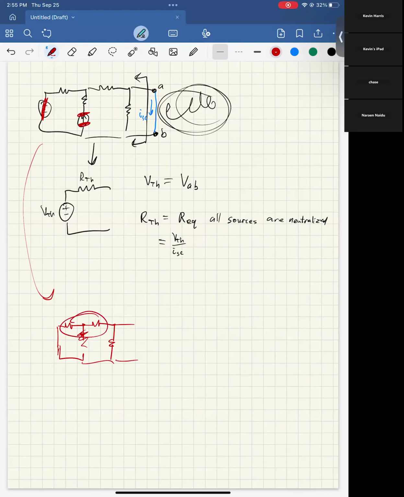So these two would be added together, and then these two, and then those two would get added together, and you'd have it like this. And then these two are in parallel from the perspective of these nodes, so that would go down to one resistor, and then that would be your RTH. So I'll do that on a practice problem later.